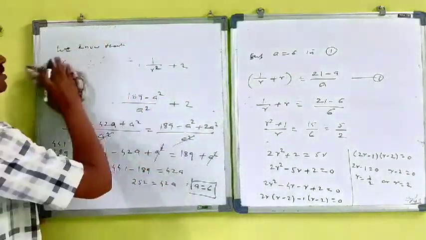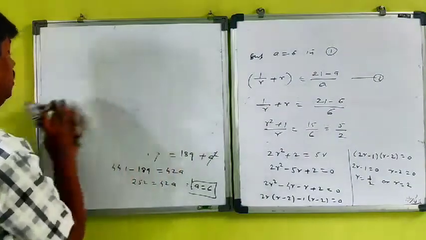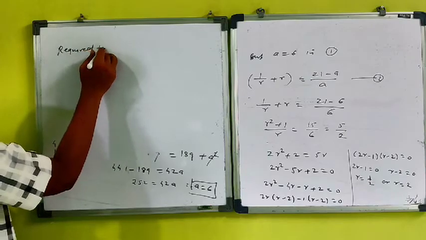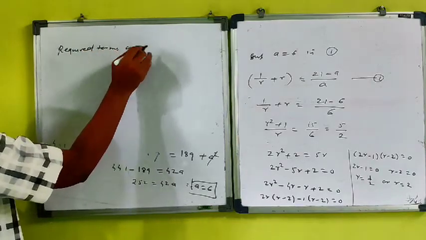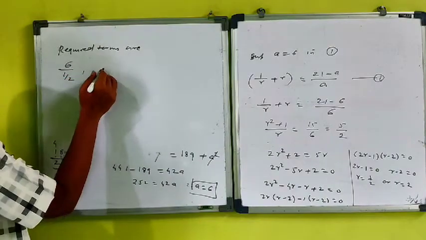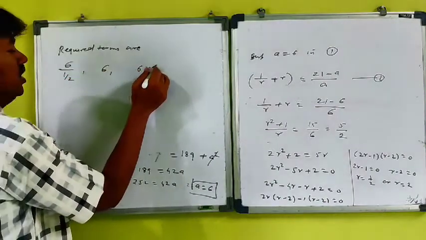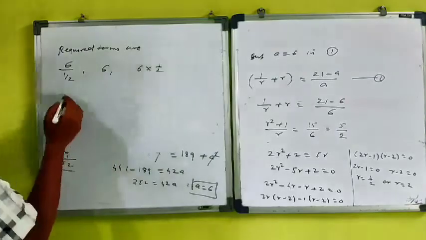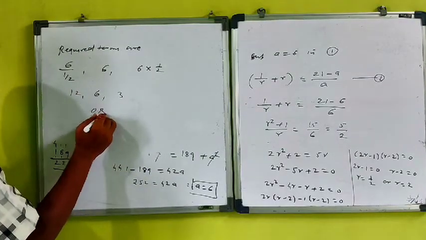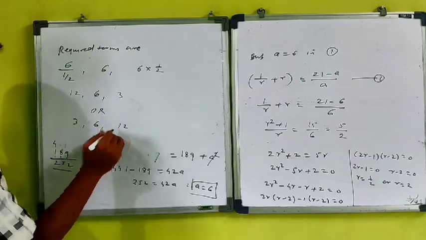So the required terms are 6 upon 1 by 2, 6 into 1 by 2, that is 12, 6, 3, or 3, 6, 12, like this.